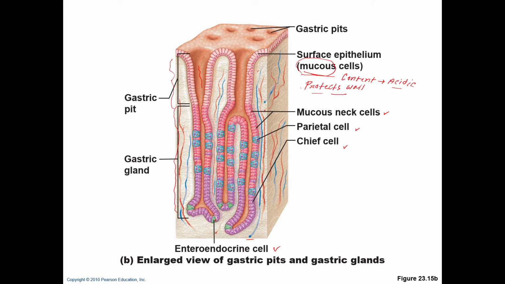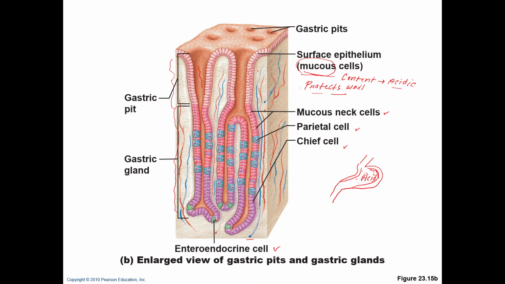Now, you can think that if this is the stomach, you have acidic food content here, and in the wall you have a layer of mucus, that secretion here.